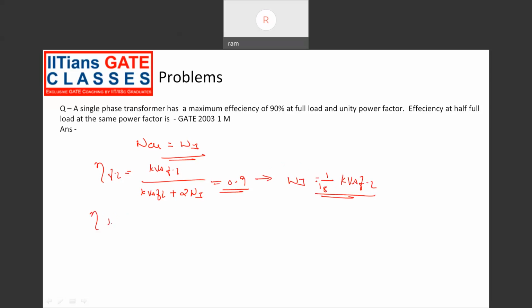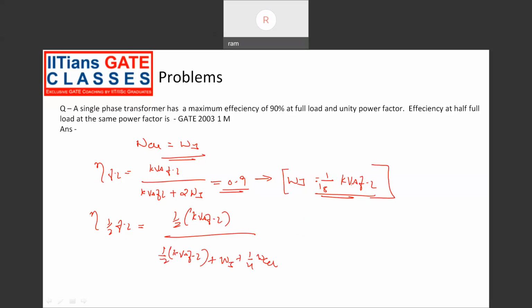Next, efficiency at half full load can be given as half into kVA full load by half kVA full load plus iron losses plus 1 by 4 times copper loss. This is what we have to find out. But we know the iron loss is equal to 1 by 18 times kVA full load, so kVA full load is 18 Wi.